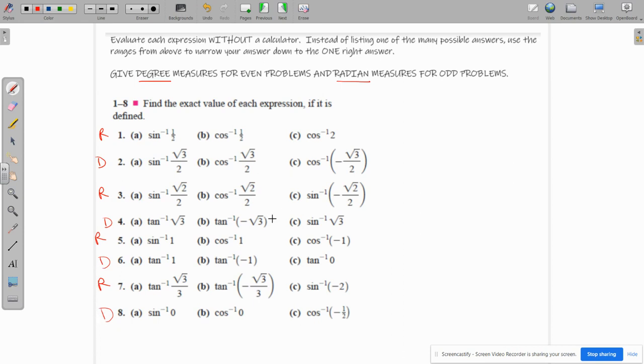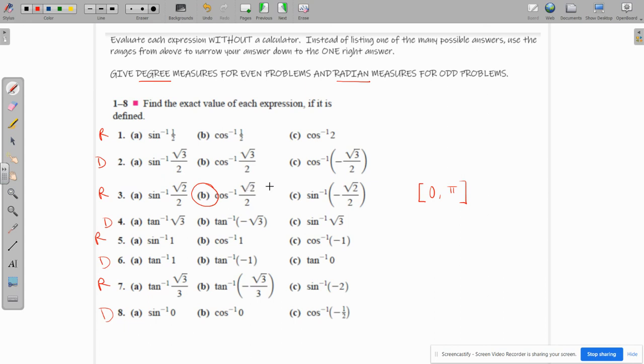So I'm just going to pick a random one. So let's say number 3b, this is in radians. So I want the inverse cosine of root 2 over 2. Well, remember for cosine, we want that our answer has to be between 0 and pi radians. So that means I need to figure out the one angle between that range that has an x value of root 2 over 2.